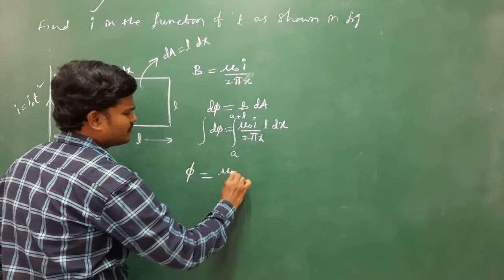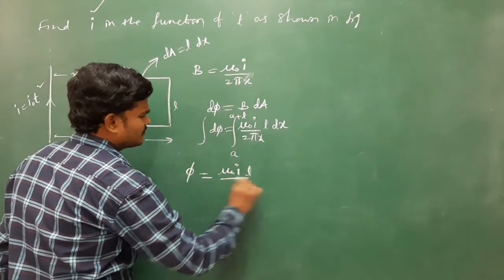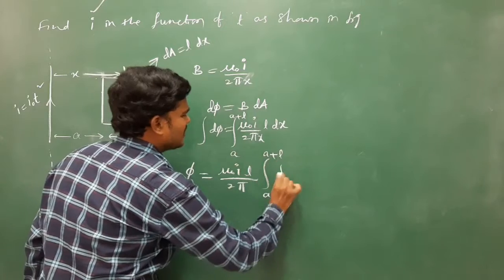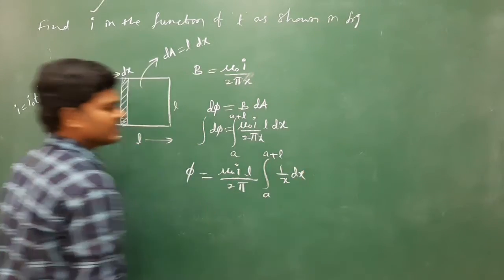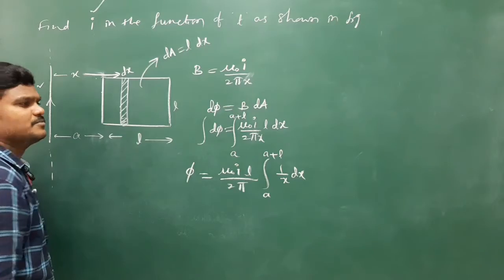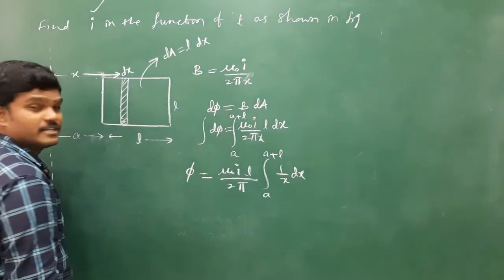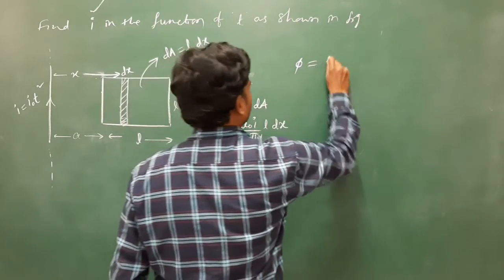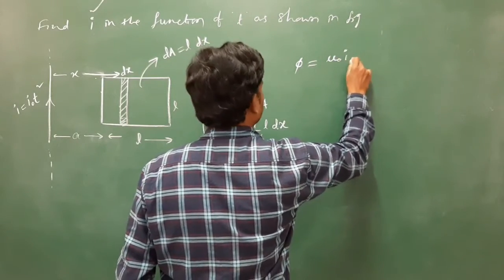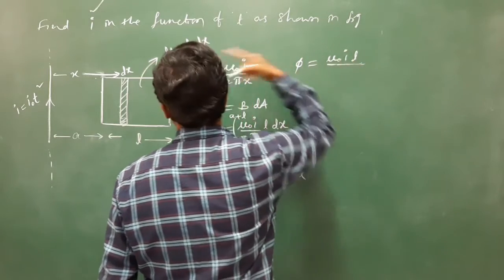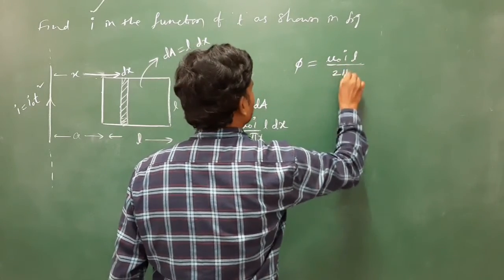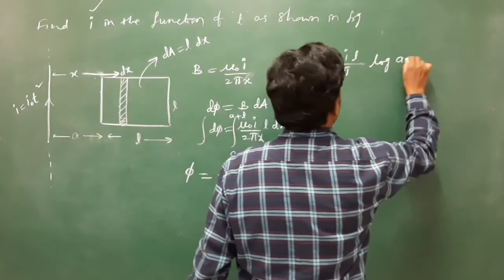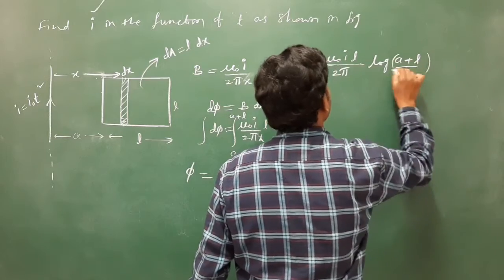Flux is equal to, take mu naught I L outside, 2 pi outside, integration from a to a plus L of 1 by x dx. So 1 by x dx is log x, and substitute the upper limit and lower limit. Now the flux becomes mu naught I L, where I is I naught t square, that I will substitute later, over 2 pi, into log of a plus L by a.